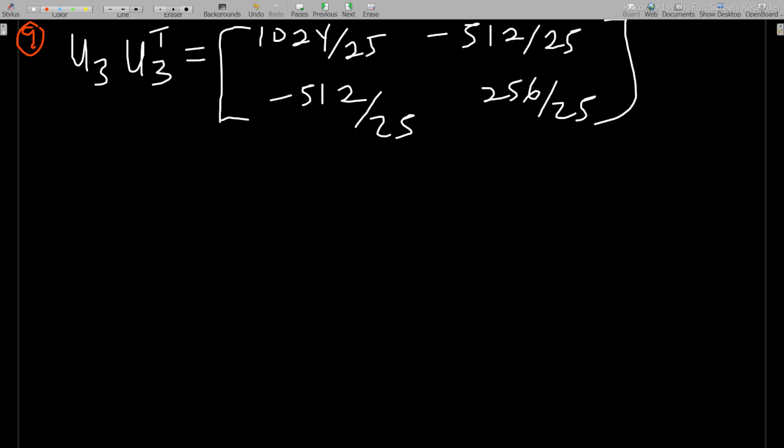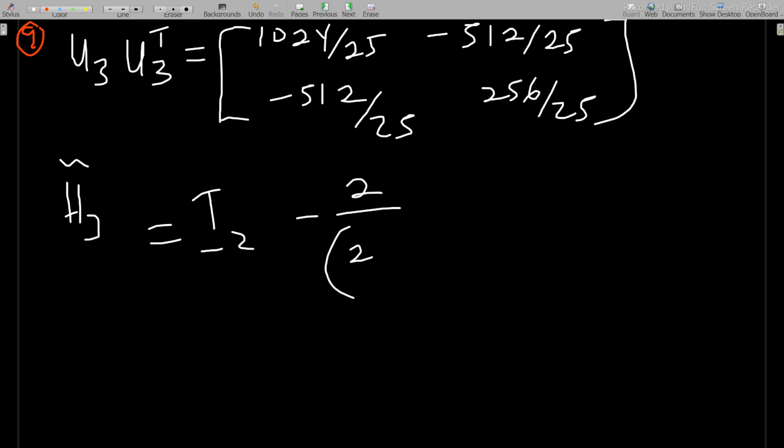And so my h3 tilde, we go to I2. Okay, we are dealing with 2 by 2 minus 2 over the whole expression, 256 over 5. Then this matrix here.